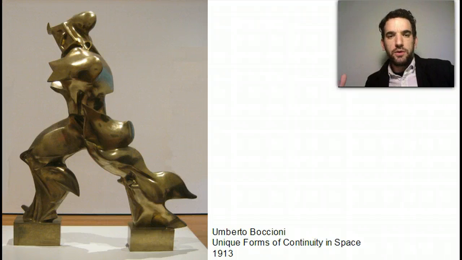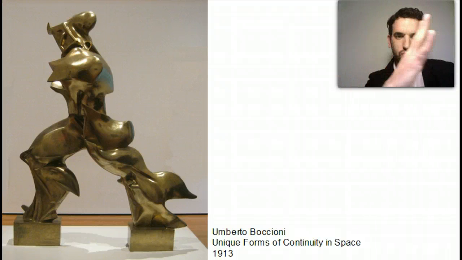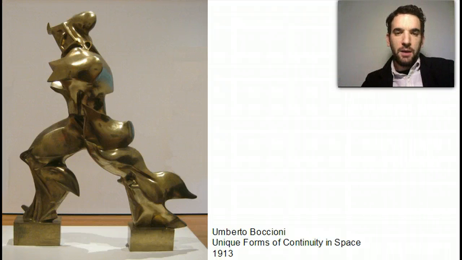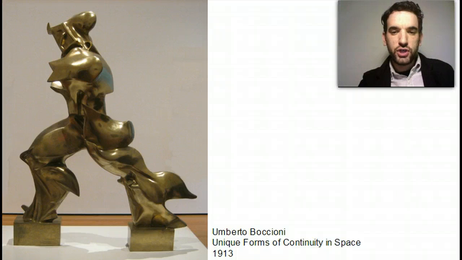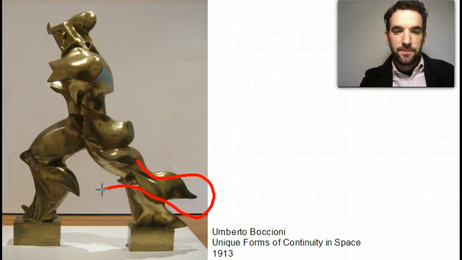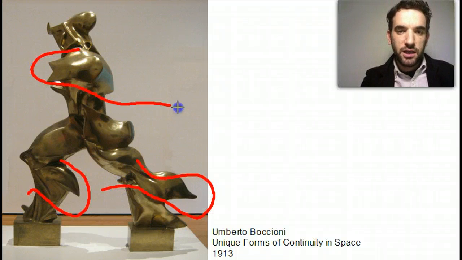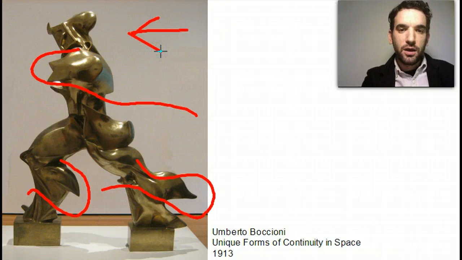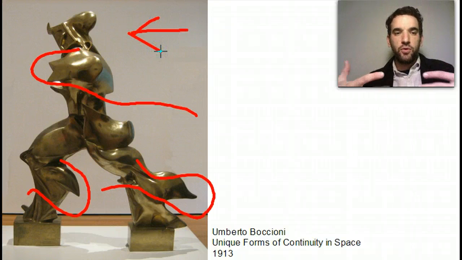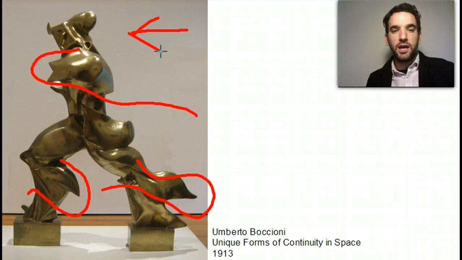And so what we have here is a figure that is moving through space, right? But instead of just having them move, you have these kind of ghost gestures like this and this and this. The idea is that as this person moves in this direction, all of the things, their garments, are going in this direction.